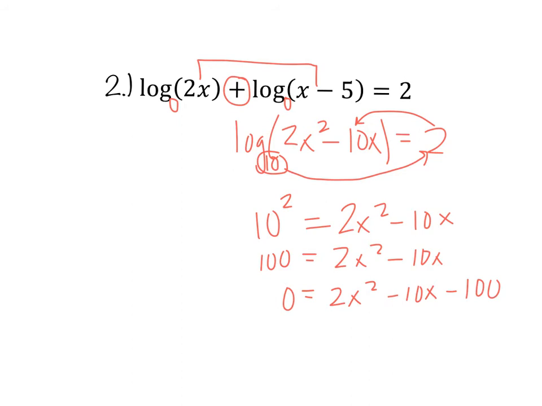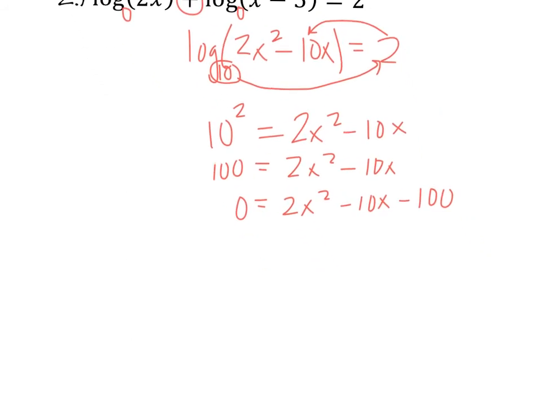So if I factor out the 2, if I just divide everything by 2, I get x squared minus 5x minus 50. And yes, once again, this is factorable. Like I said, we're not going to go too crazy on you here. But there are two numbers that multiply to be negative 50 and add to be negative 5.